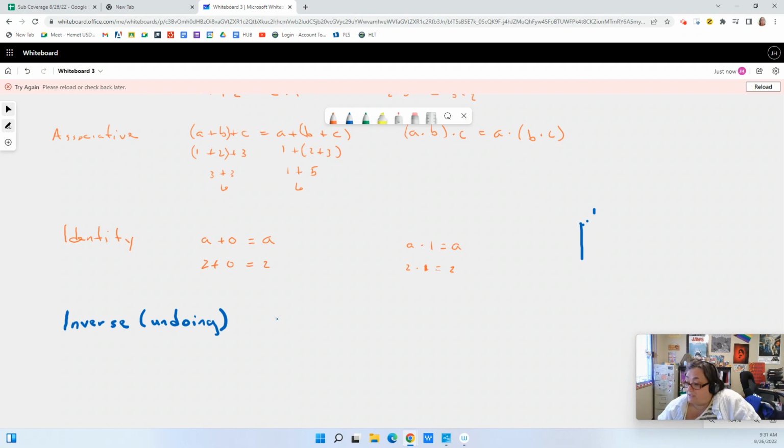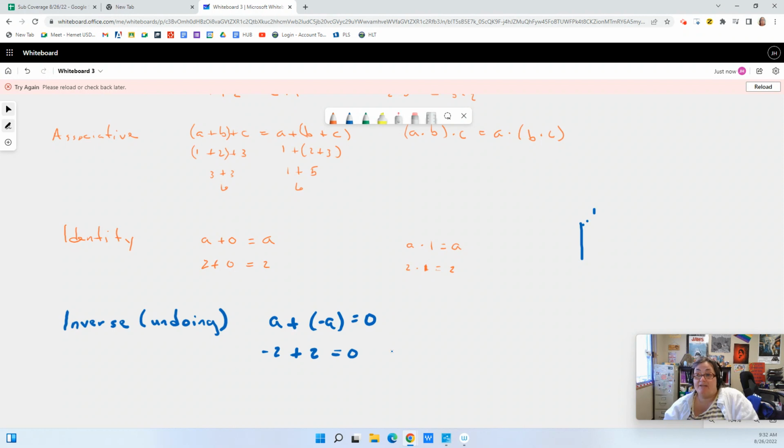So in terms of addition, if I wanted to find the inverse of A, well, the inverse of A is the opposite of A, which would be negative A, and it would take me back to 0, right? When we're talking about addition, it's what gets us back to 0. So if I had negative 2 and I wanted to get back to 0, I would add 2 to it.